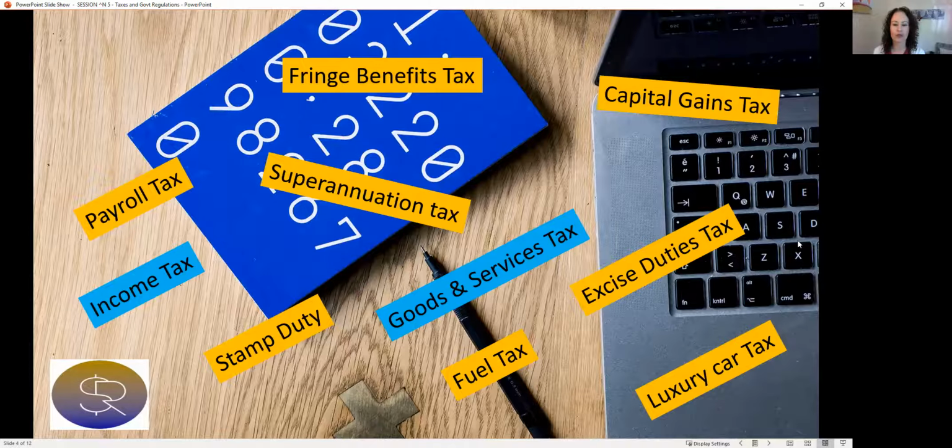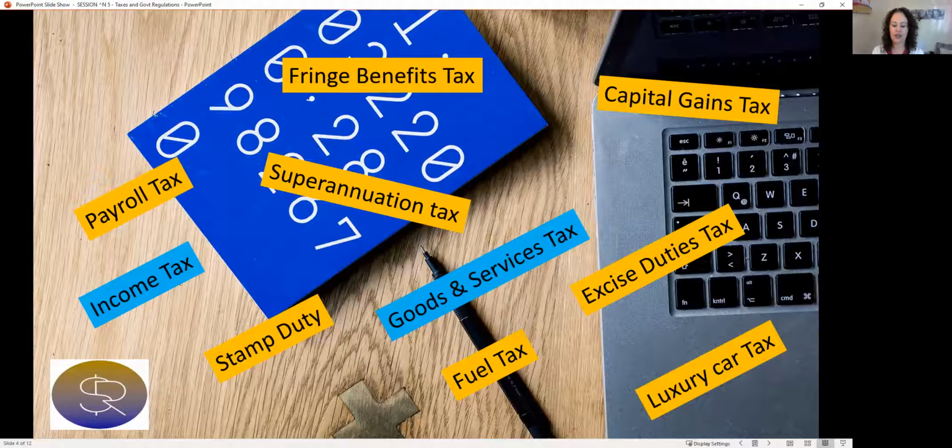So we've really got to ensure that we're on top of this. I'm not sure if you know, but there are at least 125 taxes in Australia. So it's really important as a business owner to be abreast of the ones that relate to you and your business. And it's worth noting that 90% of the tax revenue collected comes down to just 10 taxes.